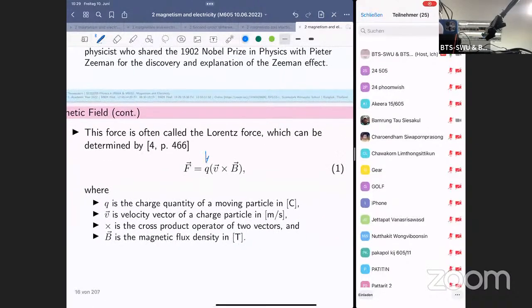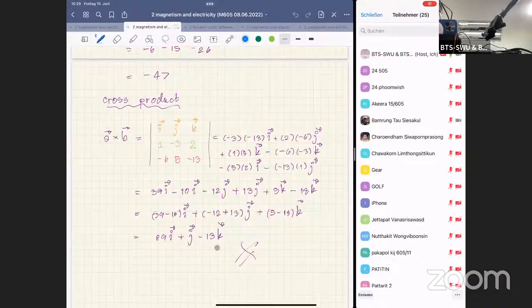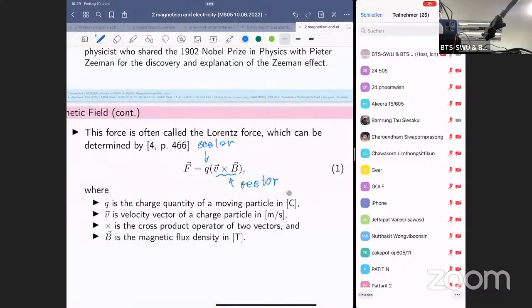It means a quantity without any direction, but this one is still a vector quantity, because we got the answer last time in terms of a vector. So of course, we get a vector quantity here. And the x symbol, the multiplication sign, means the cross product.